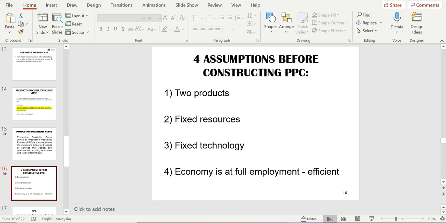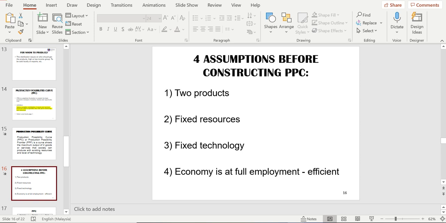For example, kalau kita nak beli barang, faktor yang boleh mempengaruhi pembelian barang adalah harga. Tapi sebenarnya selain harga, ada lagi banyak faktor lain yang boleh mempengaruhi pembelian barang, for example quality, ataupun cita rasa, habit.